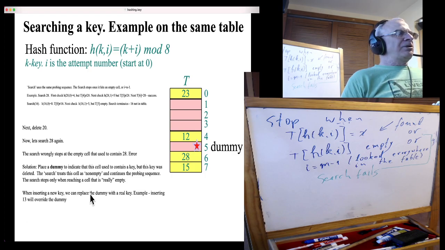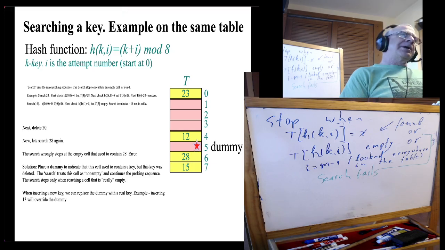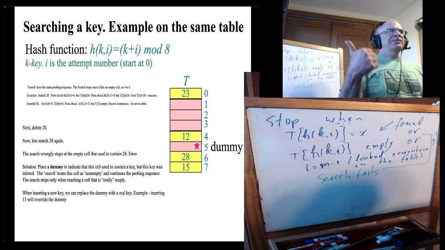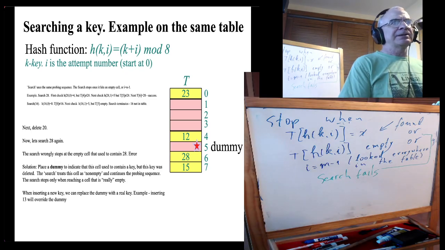When I'm inserting a new key, it's absolutely fine to replace the dummy with this new key. If I insert 13, then 13 modulo 8 is 5. Looking at this cell, there is a dummy living here, and I happily override it with a new element. So the dummy is considered occupied for search purposes, but considered empty for insert purposes.